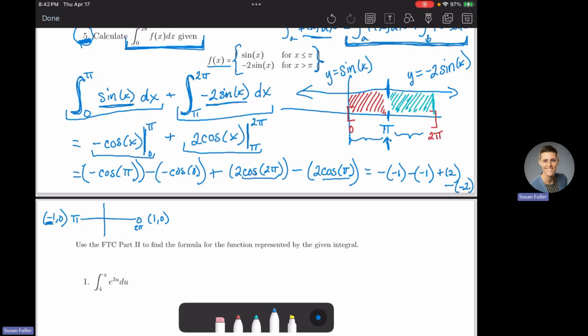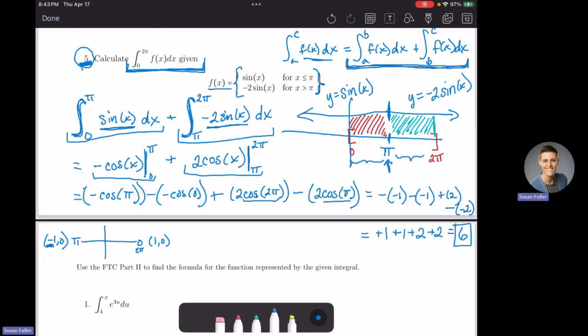And now I have to fight through all the negatives here. So a negative negative 1 is going to be a positive 1. Minus a negative 1 is plus another 1. Plus 2. Minus a negative 2 gives me plus another 2. And that gives me a grand total of 6. So I have a total of 6 square units of area underneath this beautiful piecewise function.